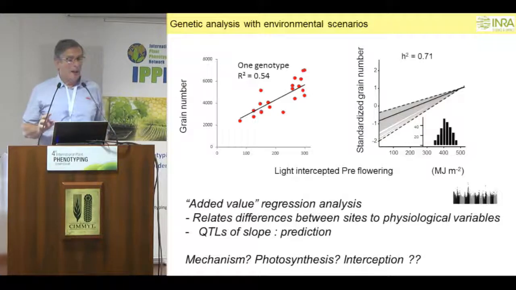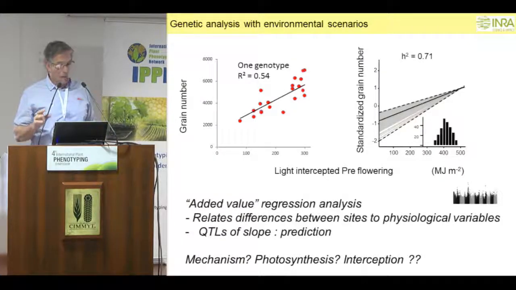So here the added value of regression analysis is that we can relate differences between sites to physiological variables, and we have QTL of slopes that handle the G by E. But what are the mechanisms? We don't know. Is it photosynthesis? Is it light interception, etc.?